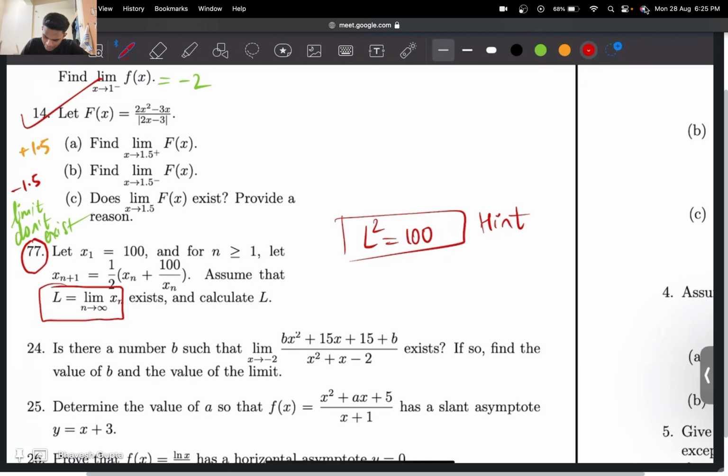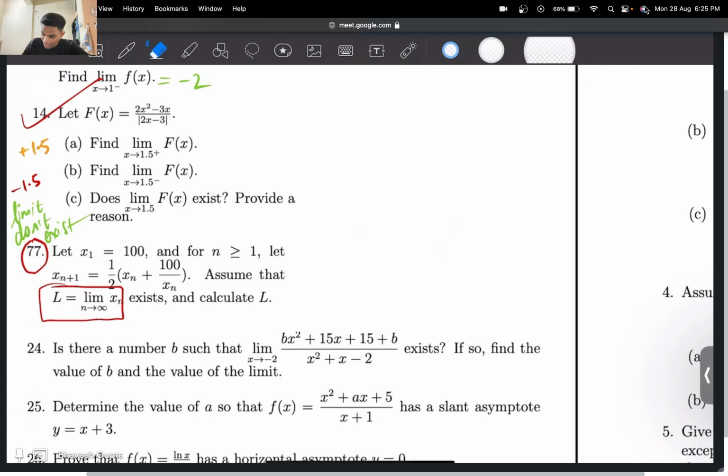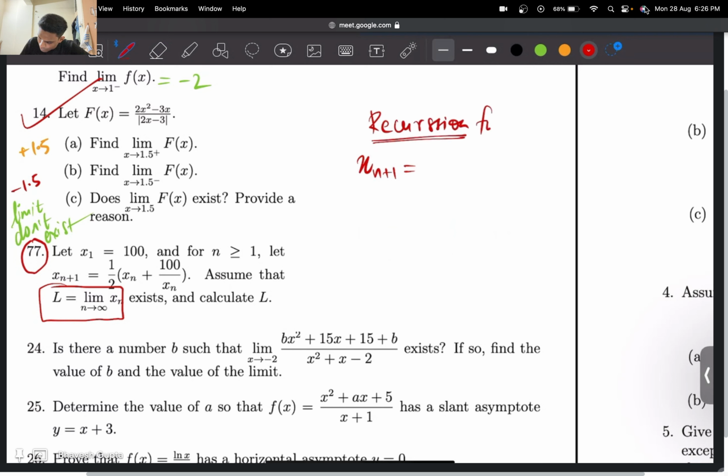I can give you another hint why we have a limit in this case, because what you see here is this particular recursion. In case those of you who don't know, this is called a recursion, or recursion formula. It basically tells you that if I know my previous value, I can write down my next value.